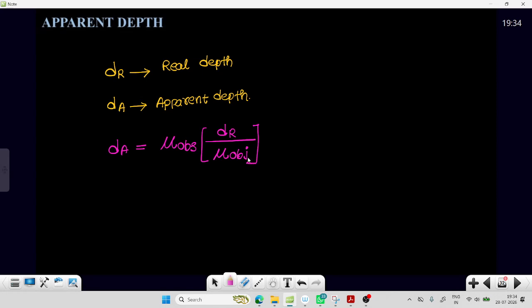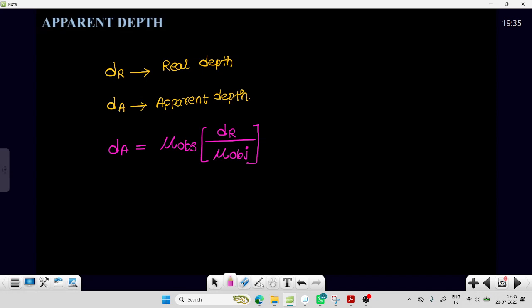Apparent depth is what? First we should multiply with the refractive index of the observer. OBS means observer medium and OBJ means object medium.